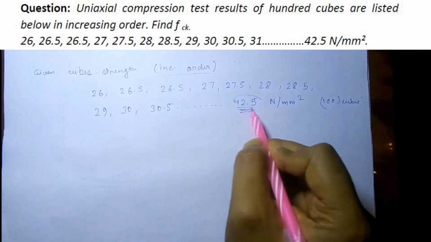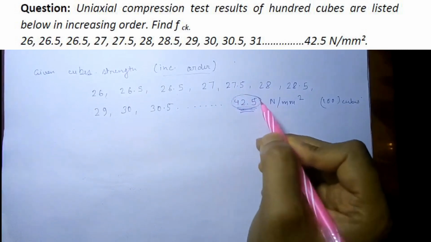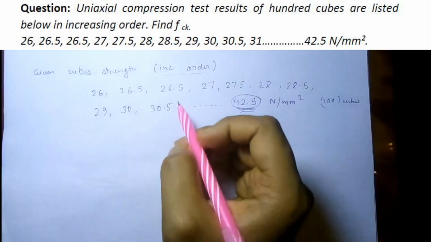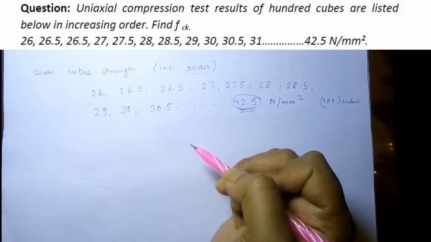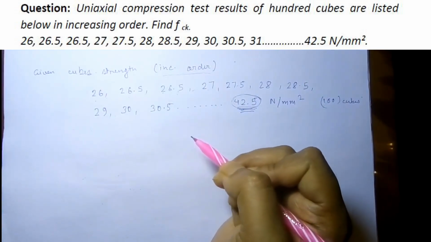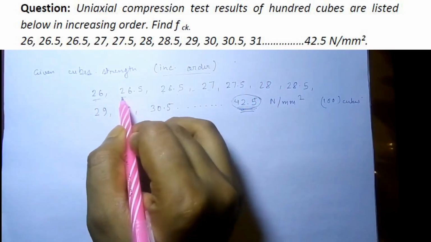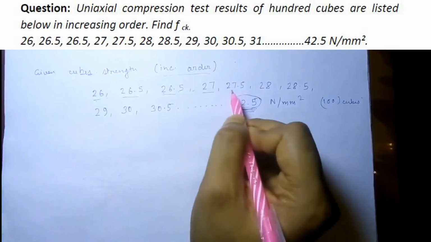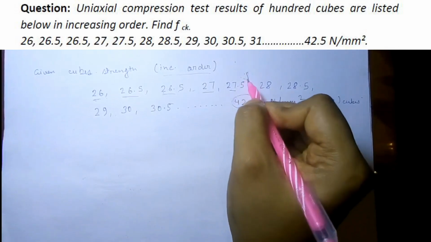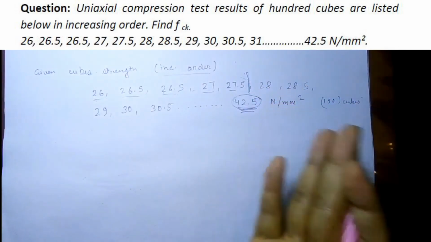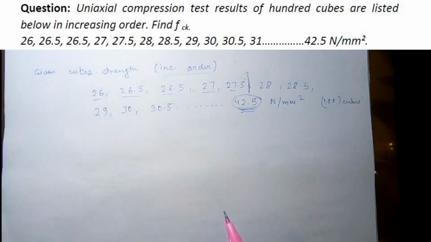So 42.5 is the ultimate strength, the maximum strength obtained from those total 100 cubes, and these are in increasing order. For the 5% definition we can say that the first 5 cubes, that is 1, 2, 3, 4, 5, up to 27.5, are coming under that 5% definition part, that is up to the characteristic concrete strength.